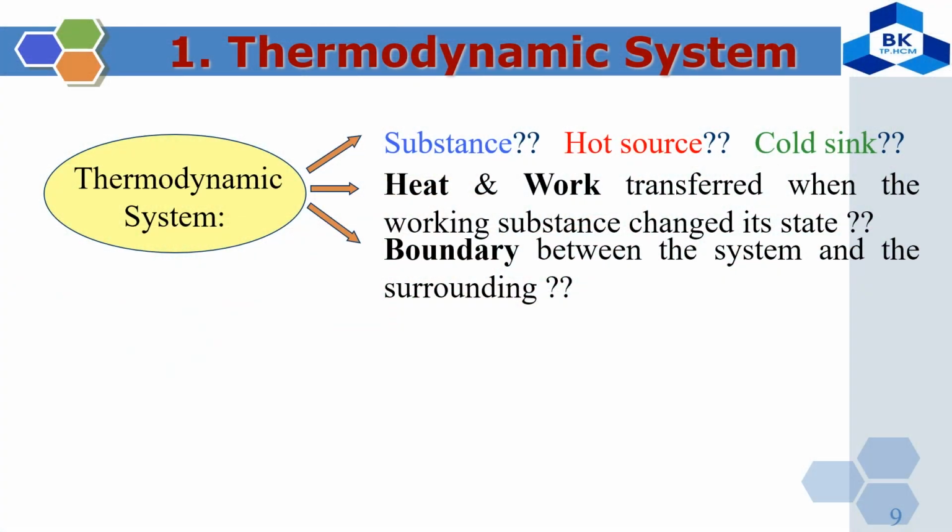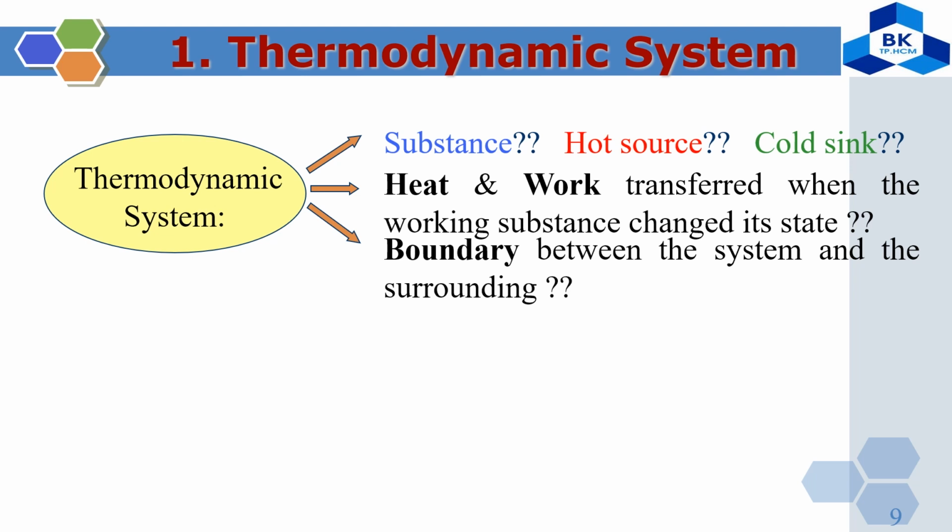And the heat and work transfer when the working substance changes its state. Later on we will know more about that. So it means besides the substance, hot source and cold sink, the thermodynamic system works with heat and work. It receives heat and provides work, or it receives work to provide heat.